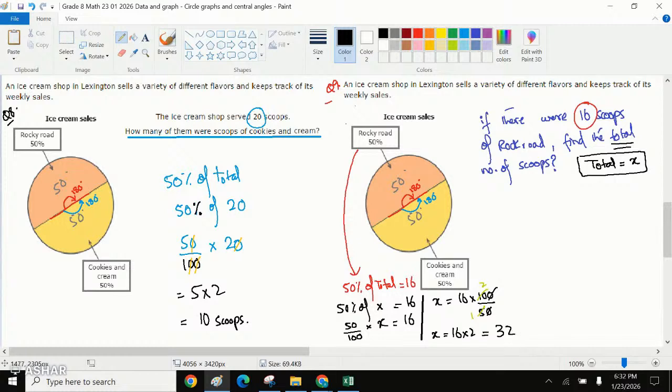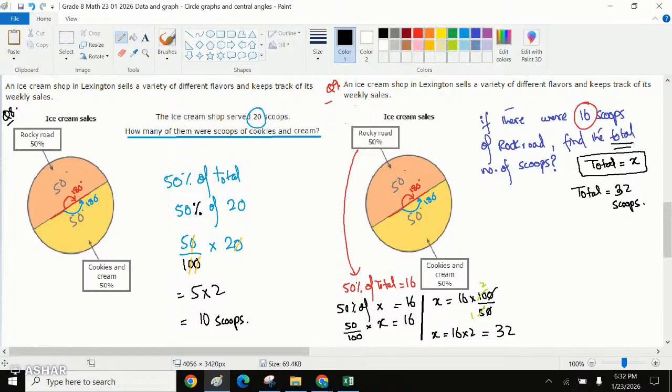Agreed? And that's exactly what we had to find. The total comes out to be 32 scoops. Agreed? So from the given information, we can always find any variable, right? What I did was take the same question and change the requirement.